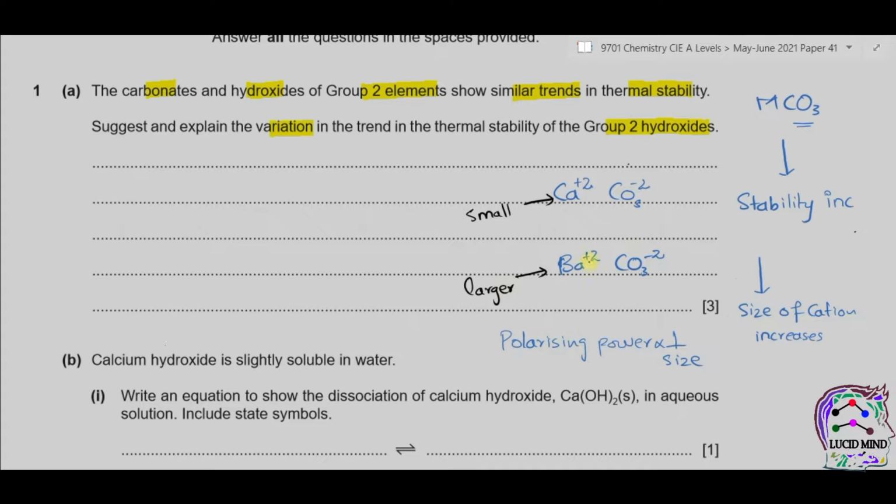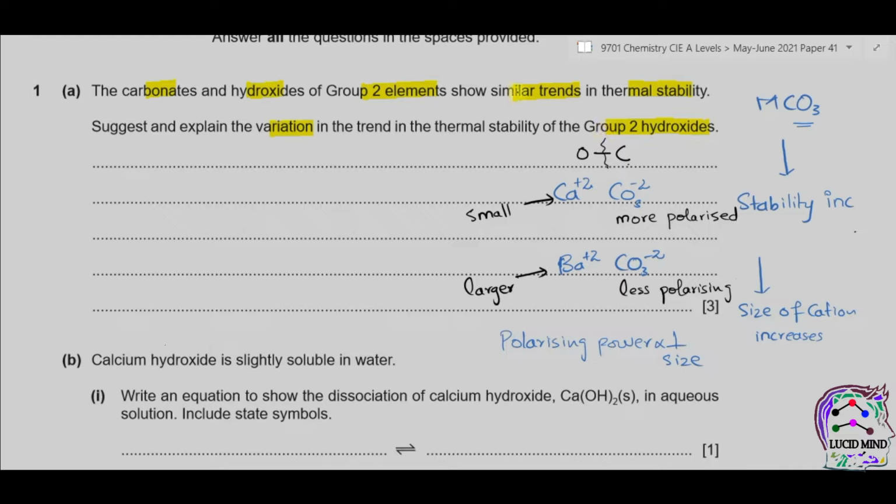So the carbonate in barium carbonate gets less polarized, and therefore there are fewer chances for it to break. While the carbonate present in calcium carbonate gets more polarized because we have a cation of small size. When it is more polarized, the bond between carbon and oxygen breaks and oxygen goes towards the metal. So when a metal carbonate is decomposed, it forms metal oxide along with CO2.